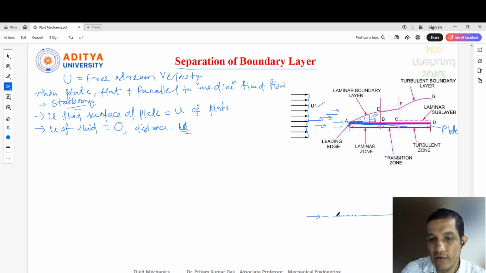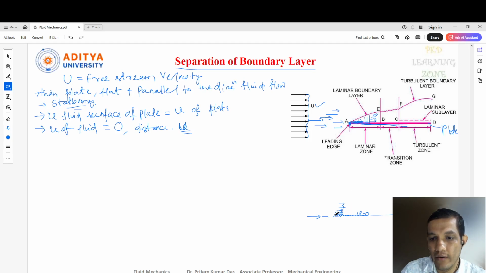Due to the adhesive force between the solid and the fluid particles, the velocity at this point will be zero. But next to this layer, the velocity slightly increases because the adhesive forces are weaker and the cohesive forces of the fluid increase. So slowly it will keep increasing.